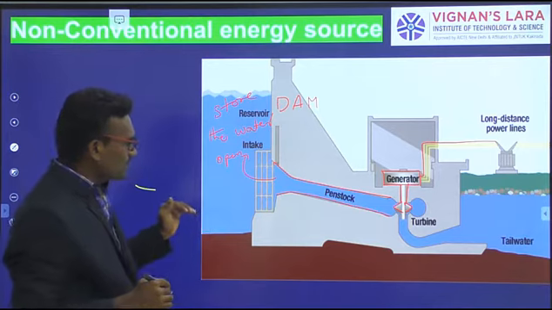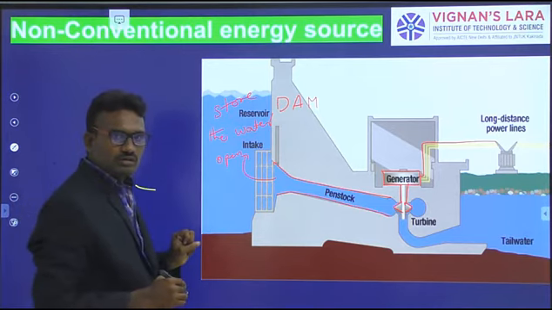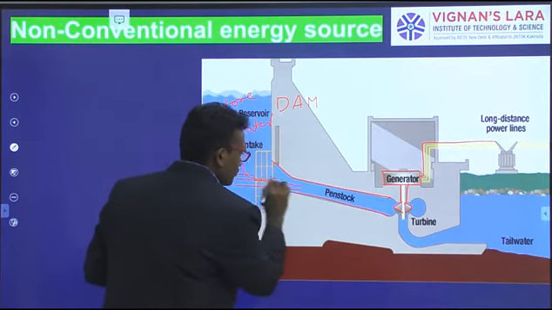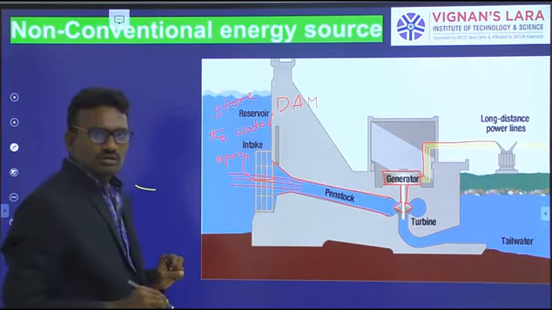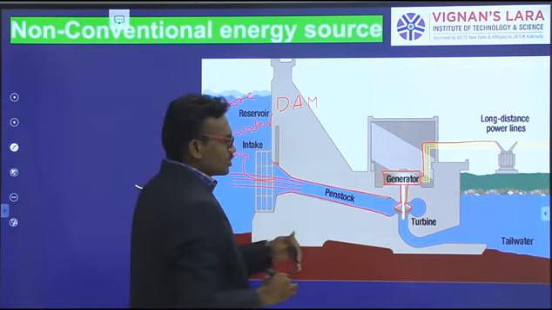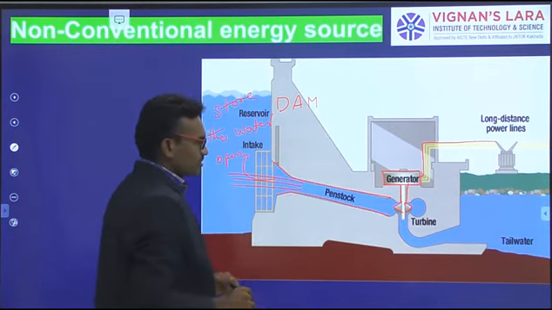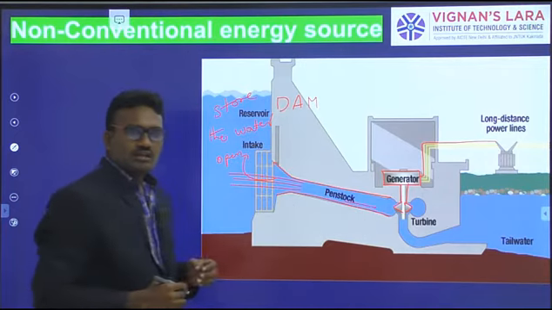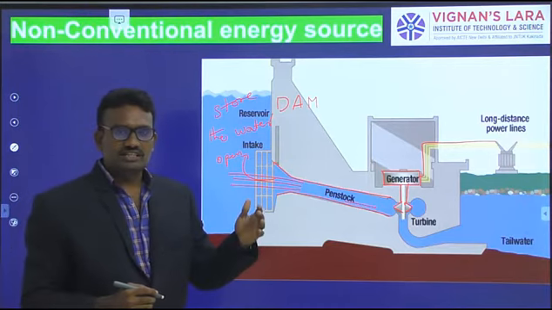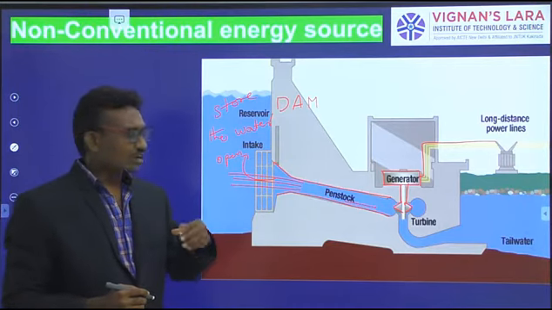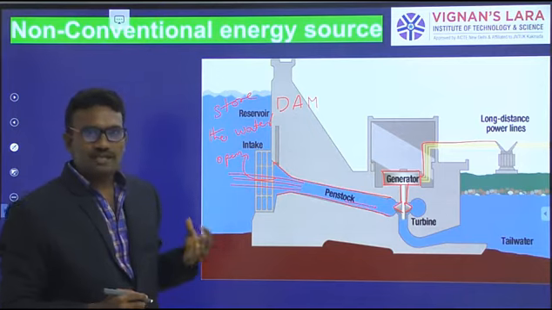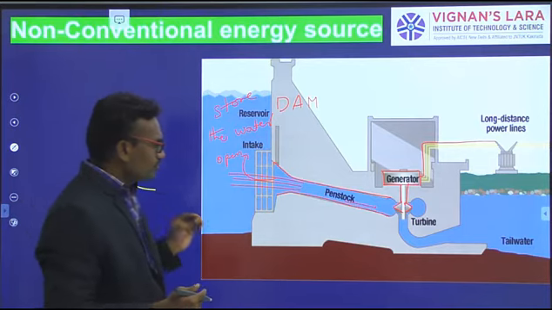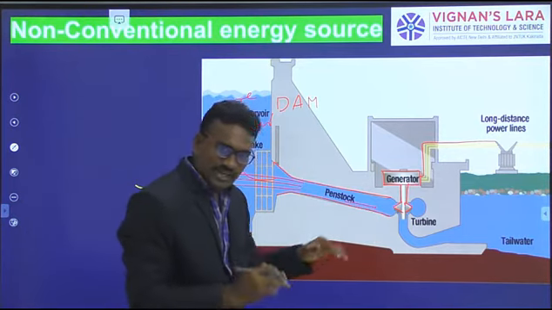When the penstock input nozzle is open, the water is forced through the penstock to the turbines, where the water velocity is very high. That means the water's kinetic energy is very high. The high force of moving water hits the turbine blades.